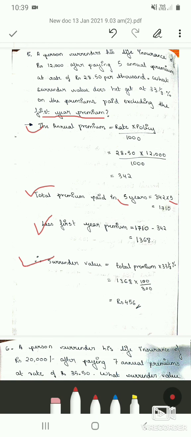So we know the formula for surrender value as total premium into the given percentage on the premium, that is 33 1/3% in this case.